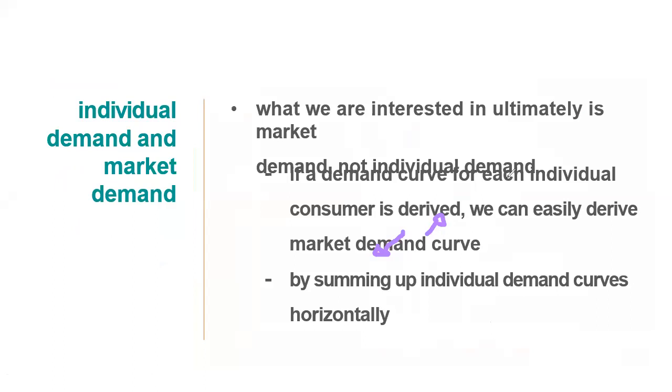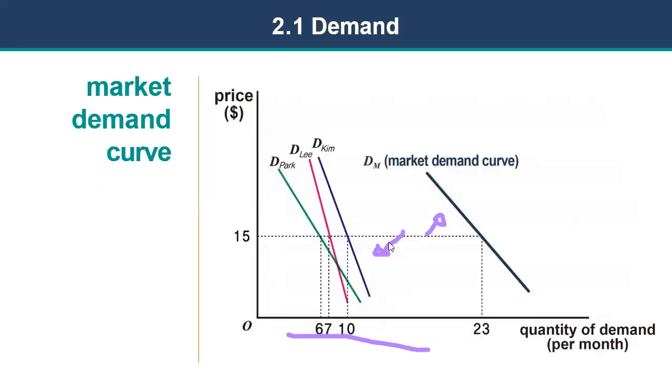And we have the aggregate demand by summing up individual demand curves horizontally. So when we sum the demand curves of Park, Lee and Kim, we have the market curve.